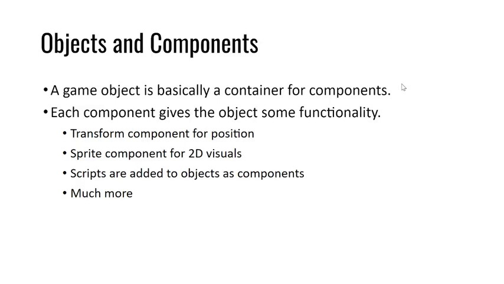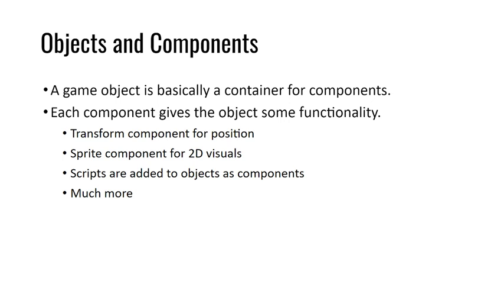So what are game objects? Well, they're just containers that you put components in, which are basically the scripts. So you can have a transform component that's basically the script that determines the position, rotation, and scale of an object.